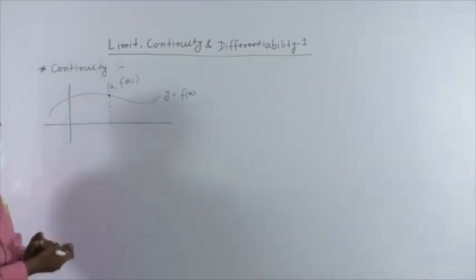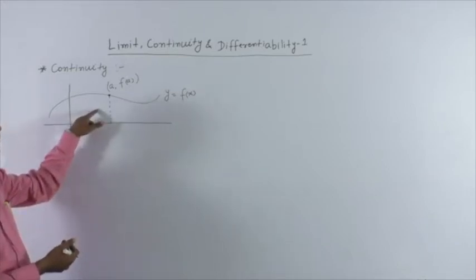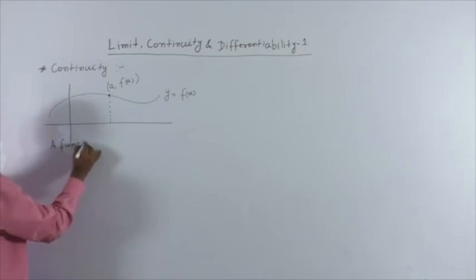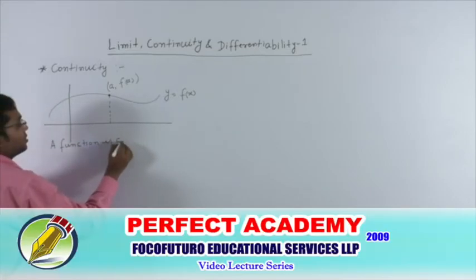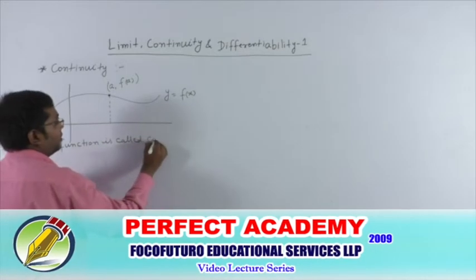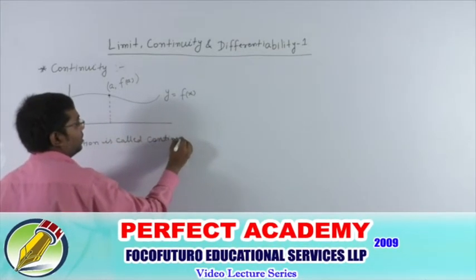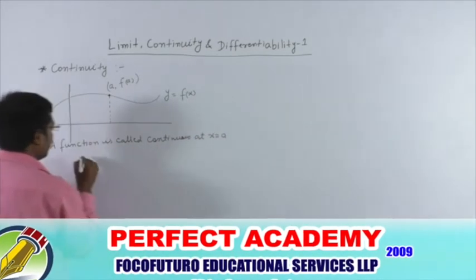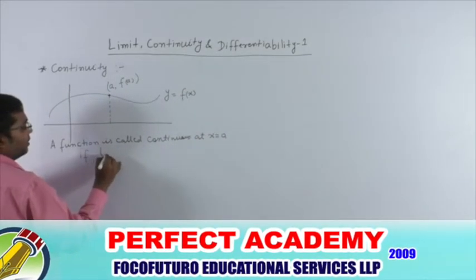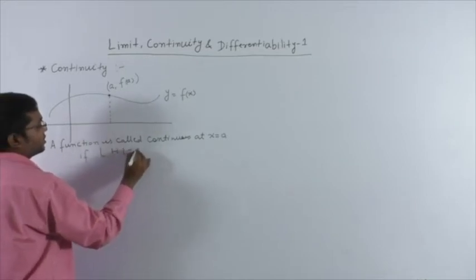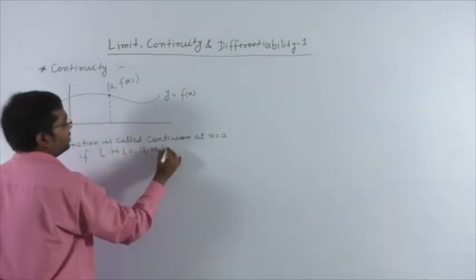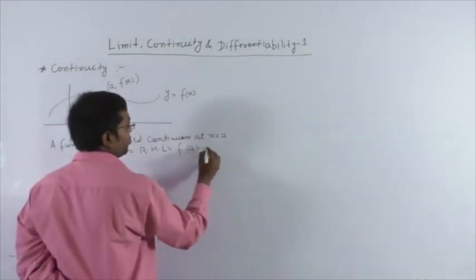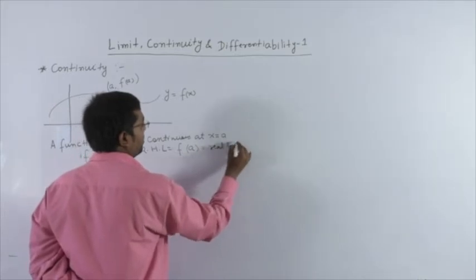A function is called continuous at x = a if the left hand limit is equal to the right hand limit is equal to the value of the function at that x, and that should be real and finite.